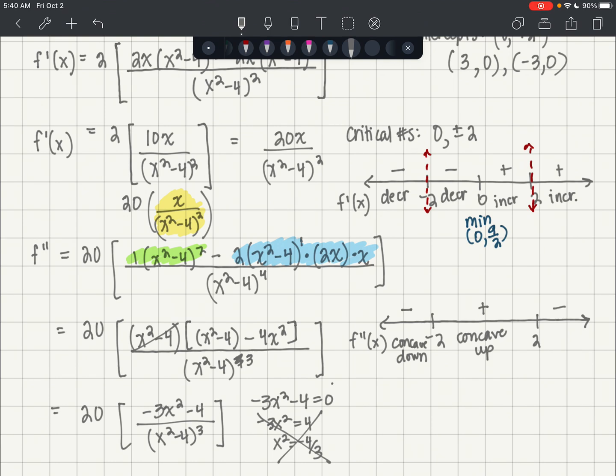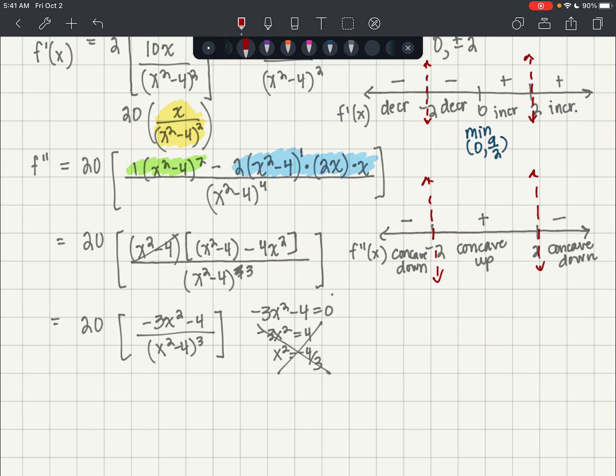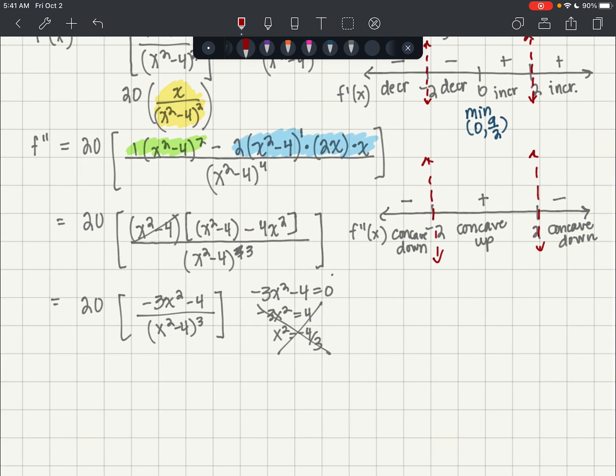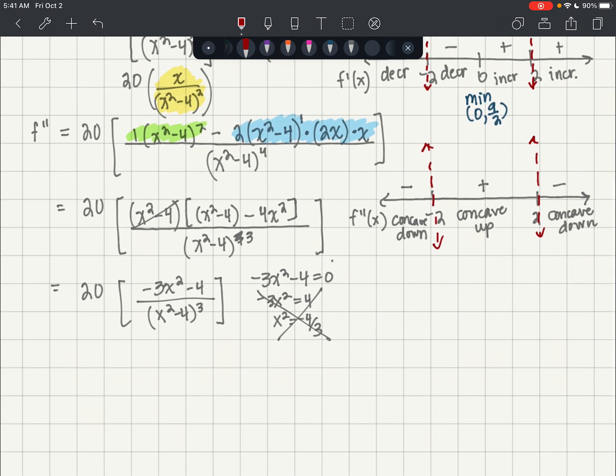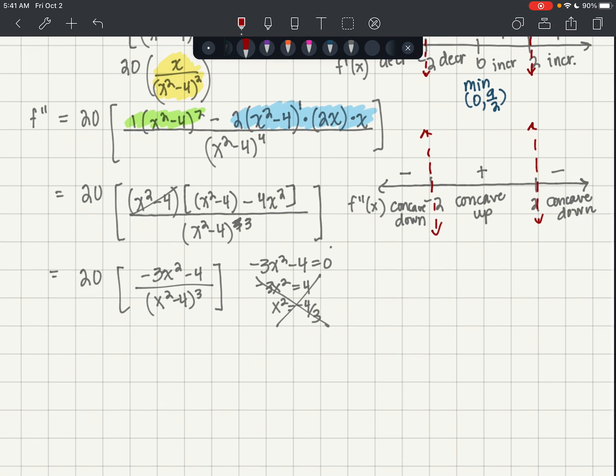And then I got a negative, which is concave down. And remember, at x equals negative 2 and positive 2, we have vertical asymptotes. So I think we have enough now to graph a function. So let's do this.